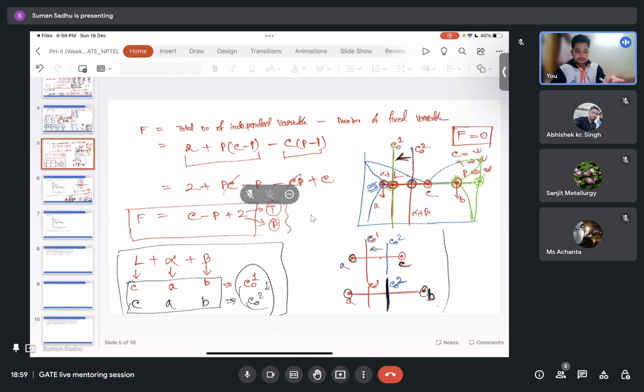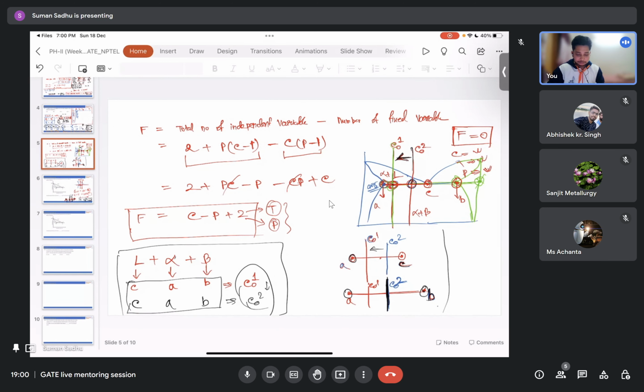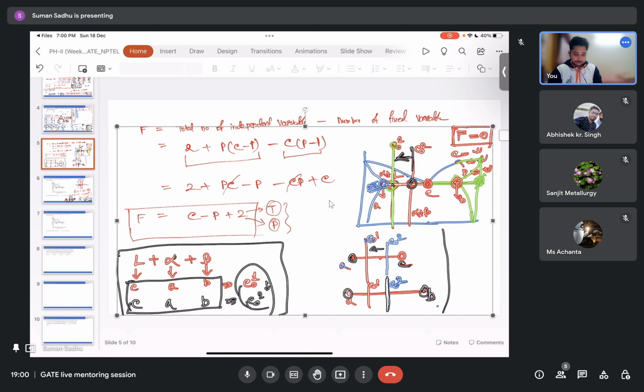Because earlier we were confusing the overall composition with the composition of the phases. If you consider that the compositions are not the overall composition but the composition of each phase, you will see that each phase's composition is not changing when you are moving from one location to another along this invariant line.